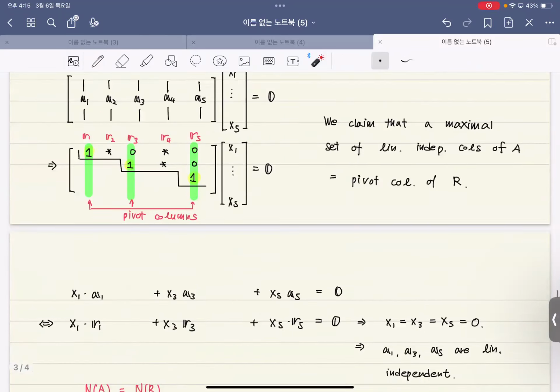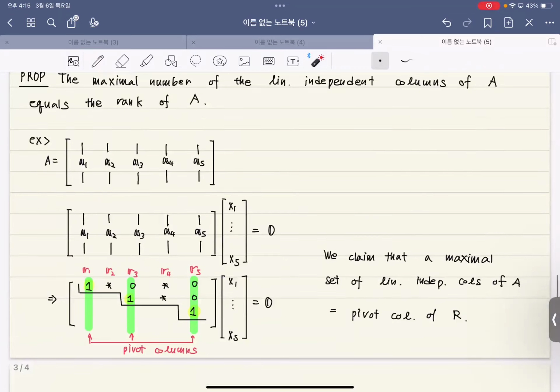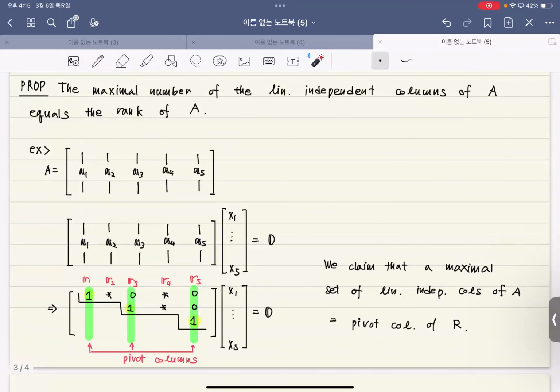All right. So this proposition not only gives us the maximal number of linearly independent columns of A, but if you are paying attention to this example, it also gives us the precise location of linearly independent columns. How can you choose the linearly independent columns from matrix A?